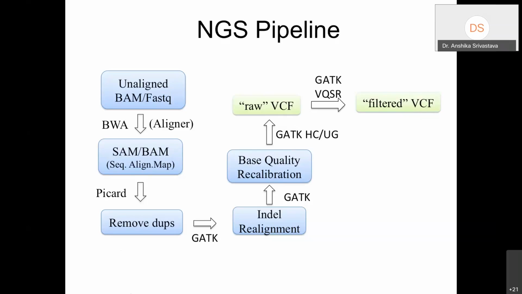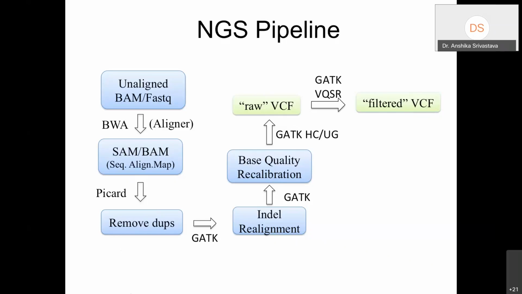Picard is the software that removes the duplicates, and then we use GATK, another calling tool that does the indel realignment, that is insertion, deletion realignment, and base quality recalibration, meaning all the nucleotides will be calibrated on their base quality, whether they are true positive versus false positive. Then there will be the haplotype caller, unified genotyper, and then we get the raw variant calling format.